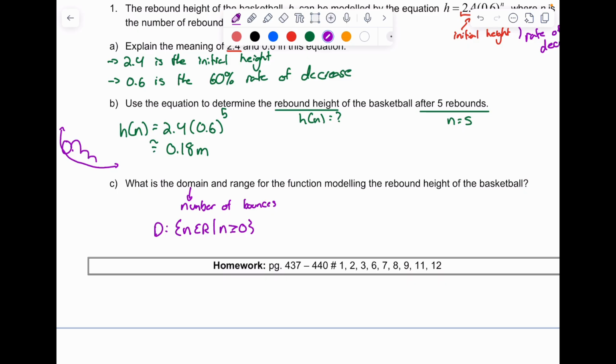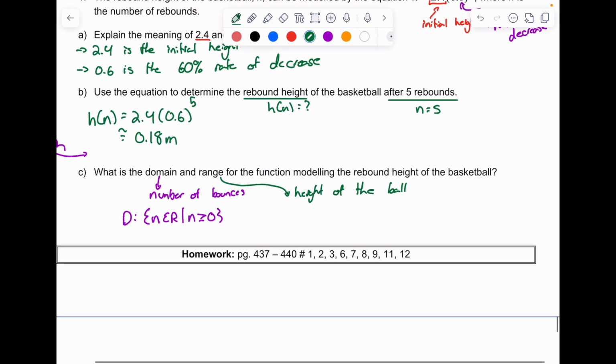It just needs to be bigger than 0. And the range in this problem is the height of the ball. So the variable we're measuring is actually h, h belongs to real numbers.